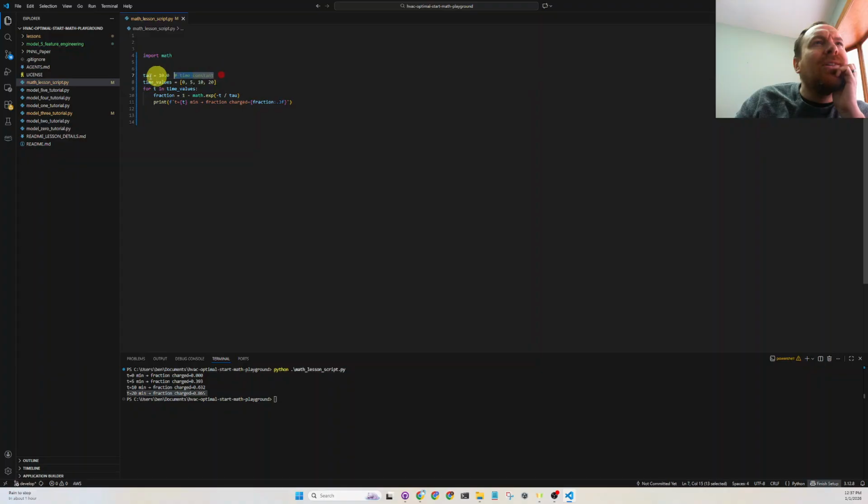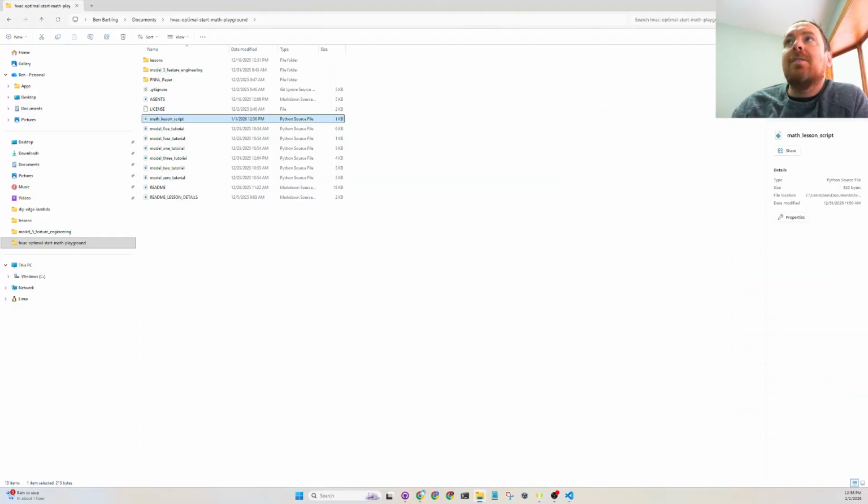A tau minus t, you know, this. So basically they're taking this value right here and dividing it by here, and a fraction charged, which seems kind of interesting. So I have to think about how that would apply to optimized start.